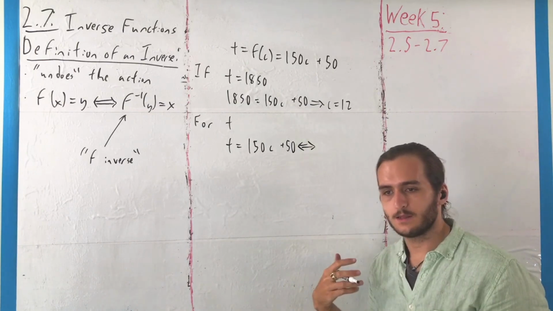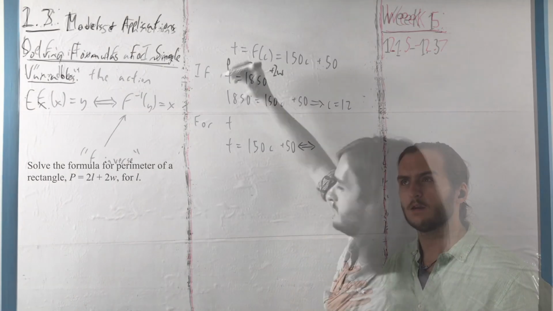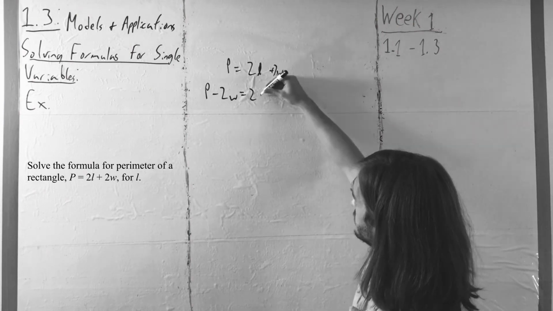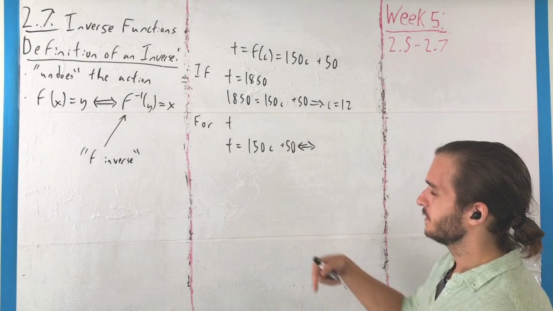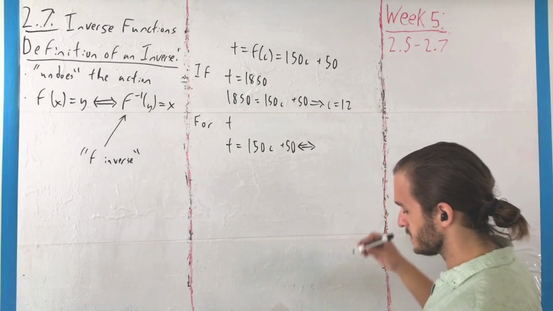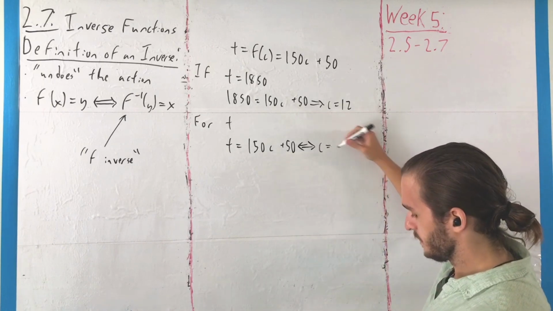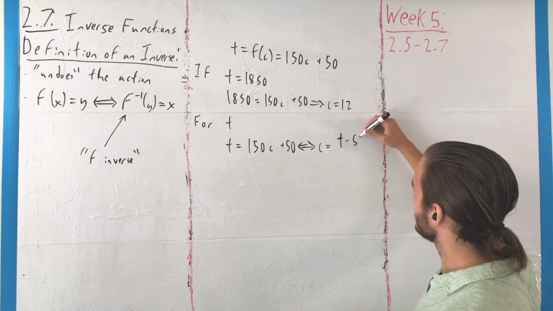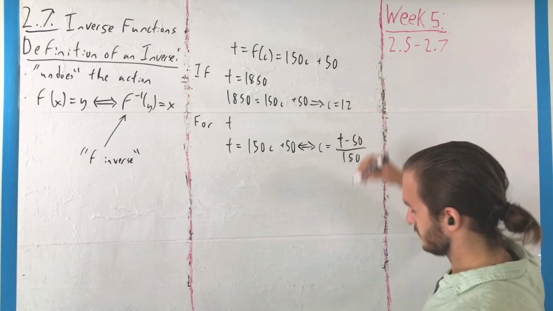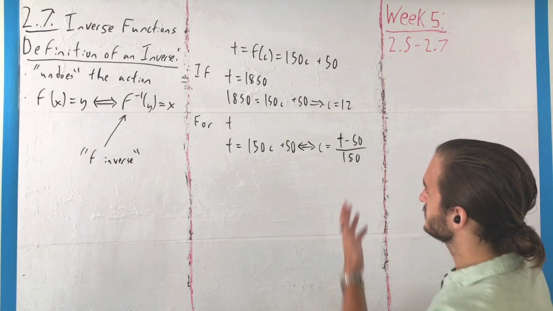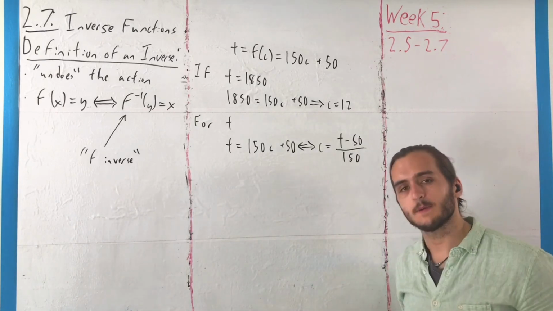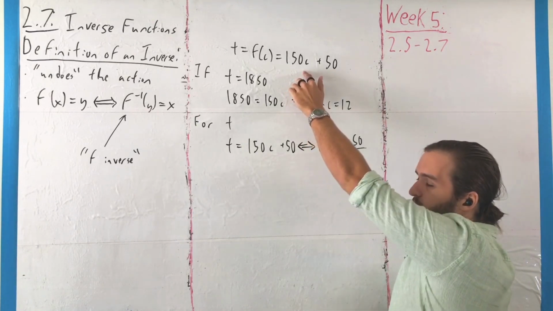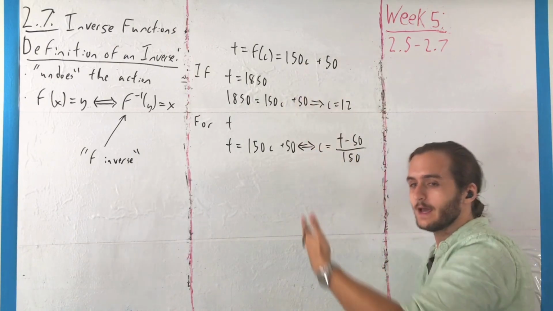Now, this is something that we did at the, I think, end of the first week, where we were talking about adjusting models, solving systems, or equations, for specific variables, but you pull over a 50, you divide out a 150, and you will get that c is equal to t minus 50 over 150, where this function there has a very special name, because what this function does is undo the action of that one, and this one undoes the action of that one in a sense.